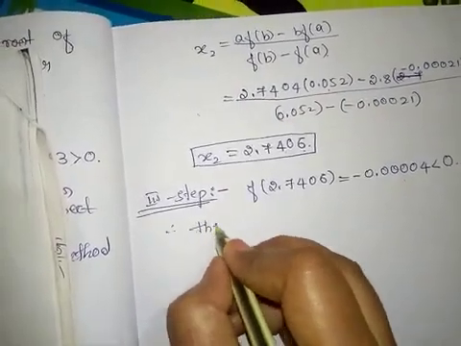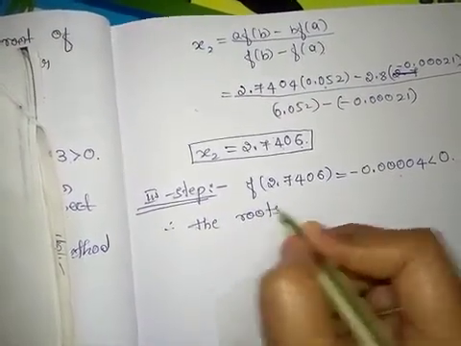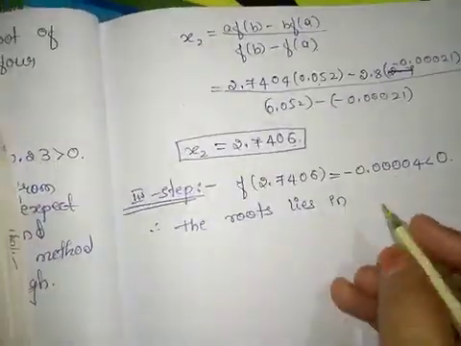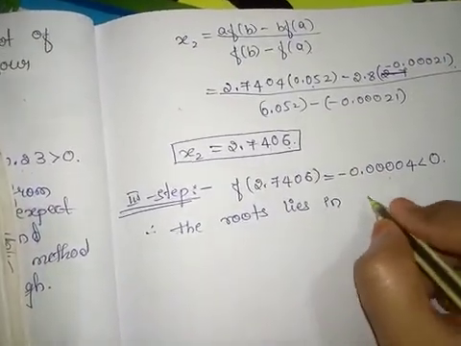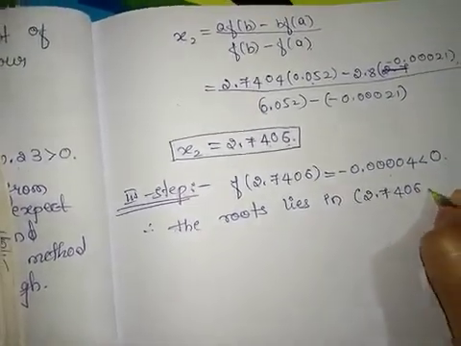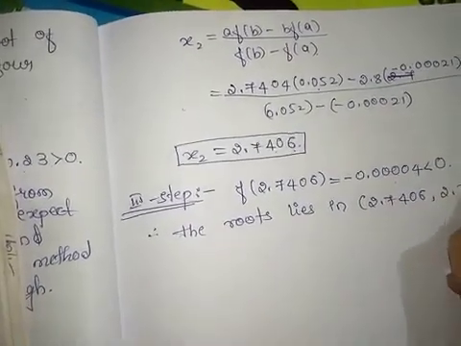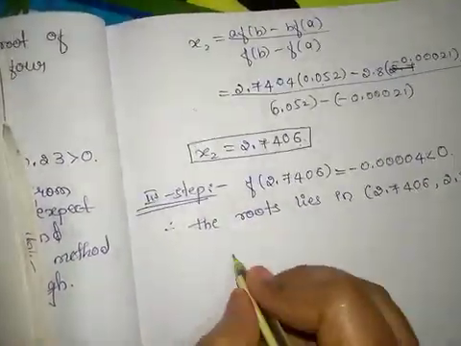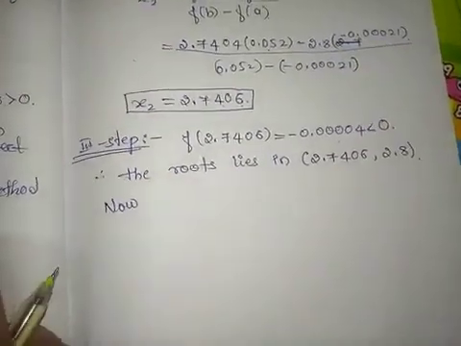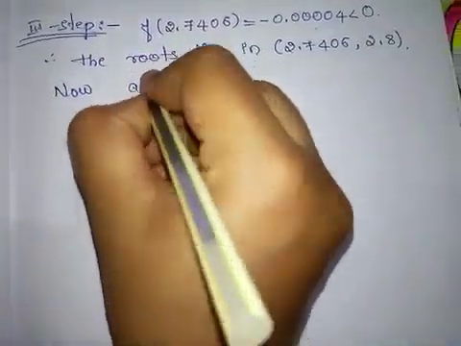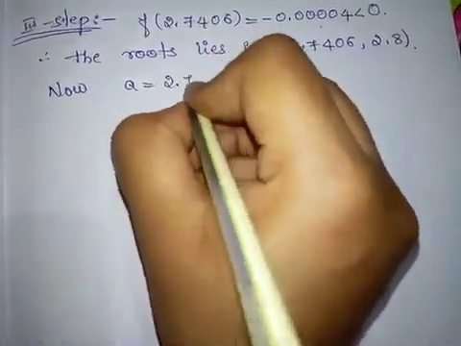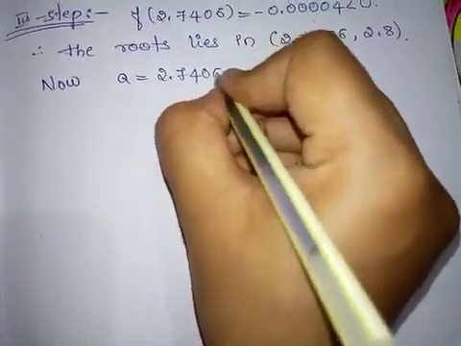Therefore, the root lies in 2.7406, 2.8. Now a is equal to how much? 2.7406.